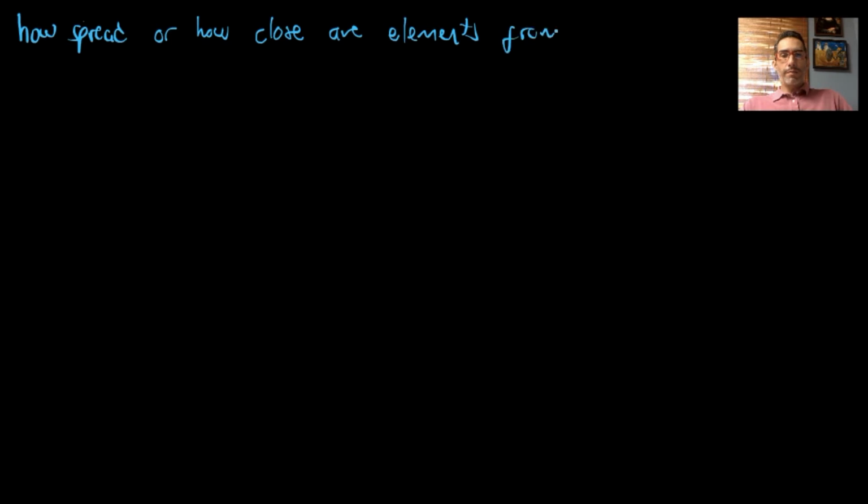So, to start with the concept, we are just going to define a standard deviation as a number that gives us an indication of how spread out or how close the elements of a list are from the mean.